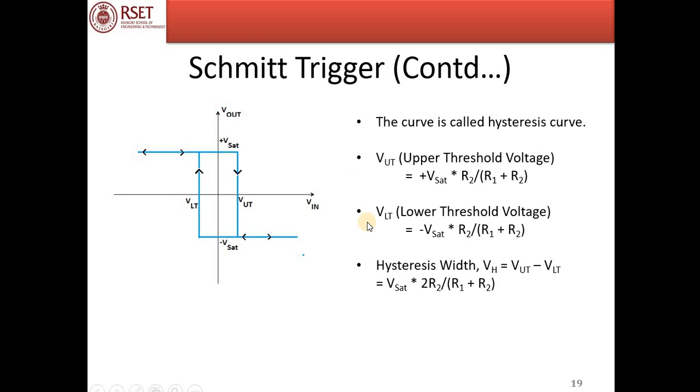These points were called upper threshold voltage and lower threshold voltage. We found out their values. We mentioned a term hysteresis width, which is the difference between the upper threshold voltage and lower threshold voltage. So that is about an inverting Schmitt trigger.